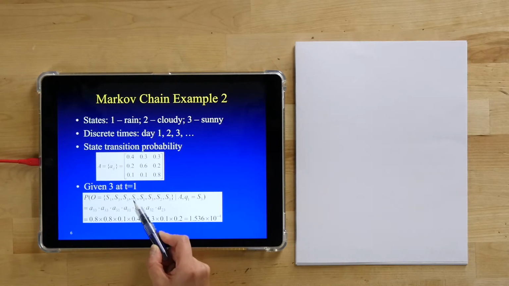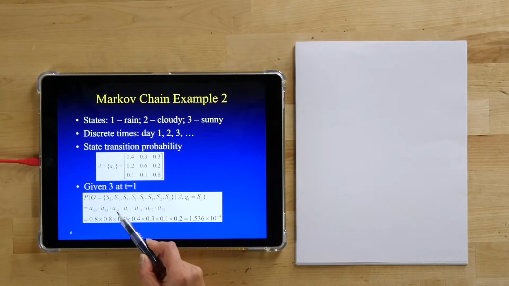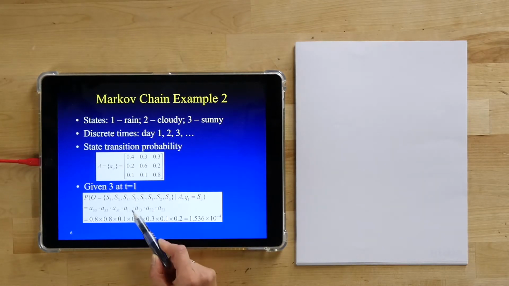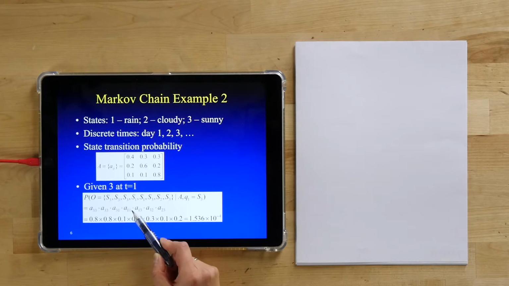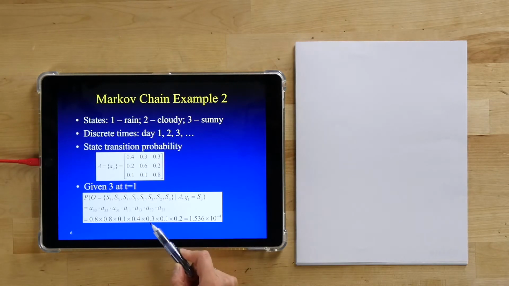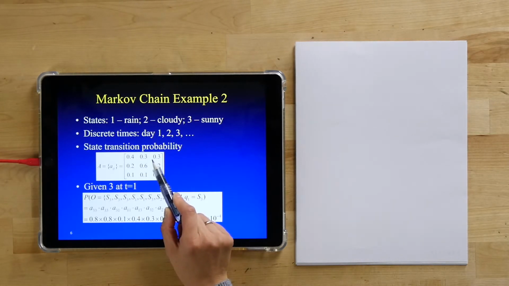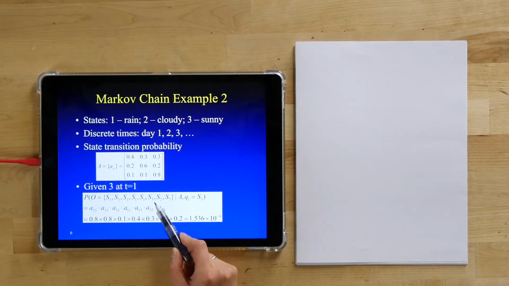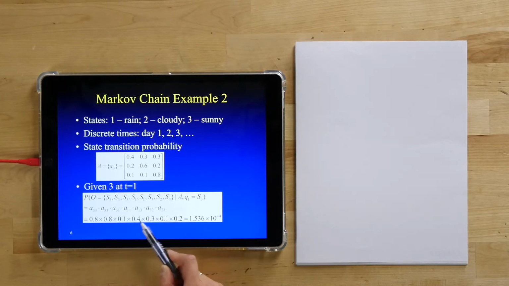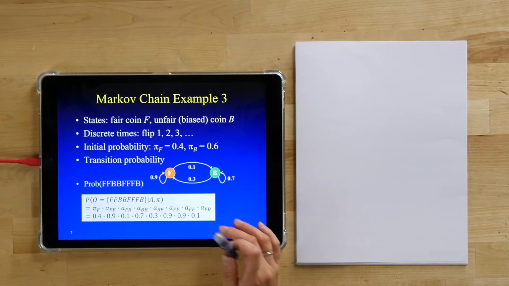A sunny to a rainy day is A31, which is 0.1 in here, and then rainy to a rainy is here 0.4. A rainy to a sunny here is A13, which is 0.3 in here, and A32, and finally an A23. So you multiply these transition probabilities, and you will get some number. So that's the second example.